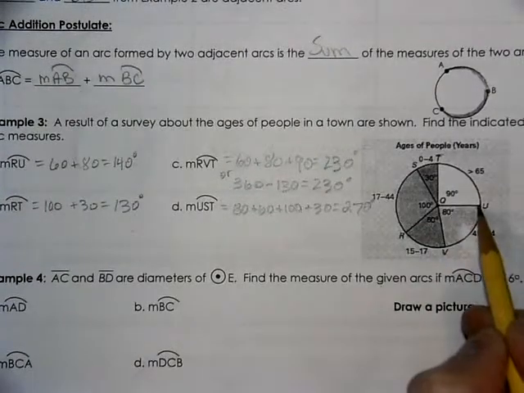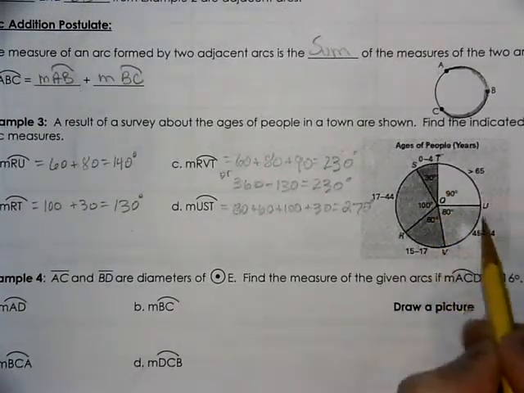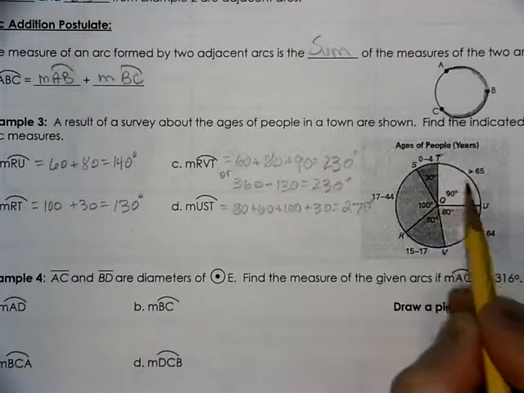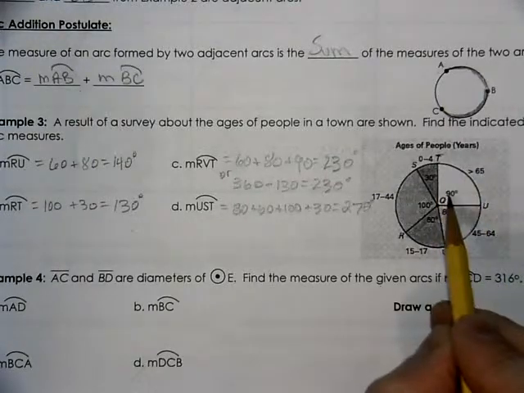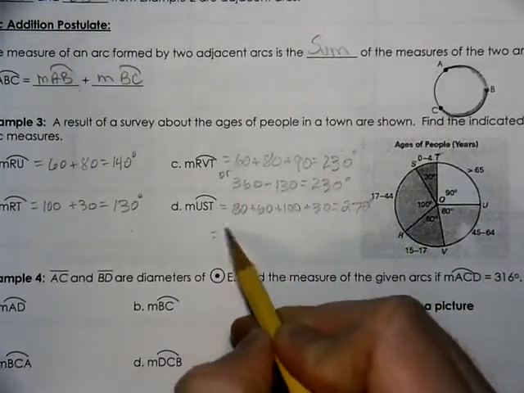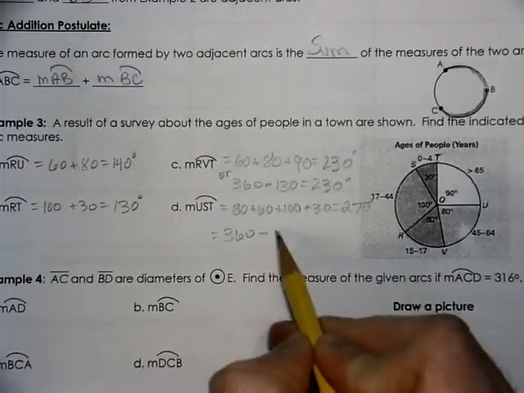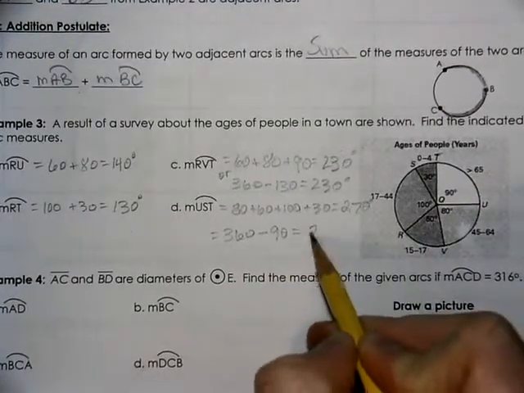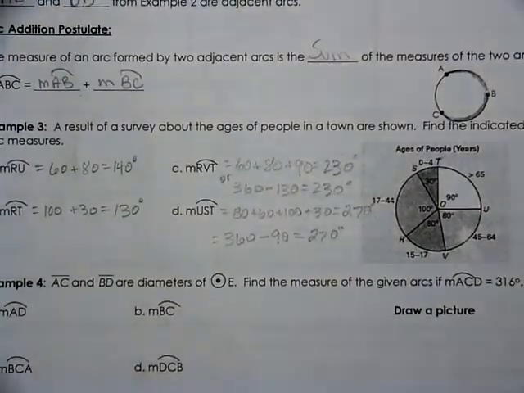Another way to have done it is we wanted everything but the part we're not interested in, which is 90 degrees. So we could say everything minus 90 also gives you 270. Two different ways of thinking about solving for the measure of that arc.